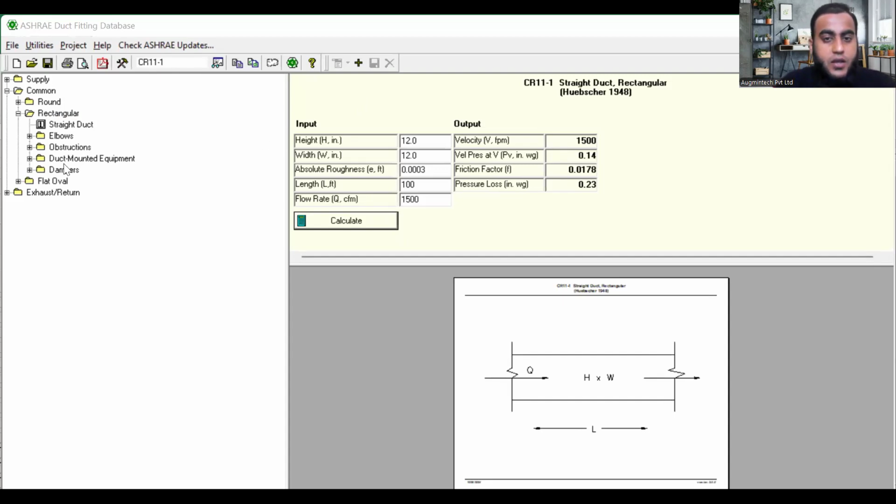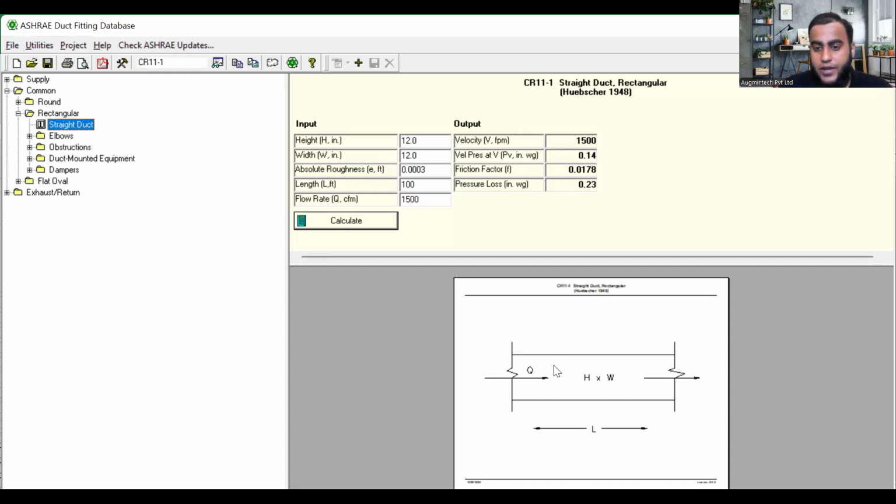So let's see. Here we have a transition, correct? And we need to find out the loss coefficient value in transition or in reducer. So simply see, here we have different options: supply, common, exhaust. Come here in the common, and we are talking about rectangular. Hit on this rectangular, and here you can see the straight duct option is given.